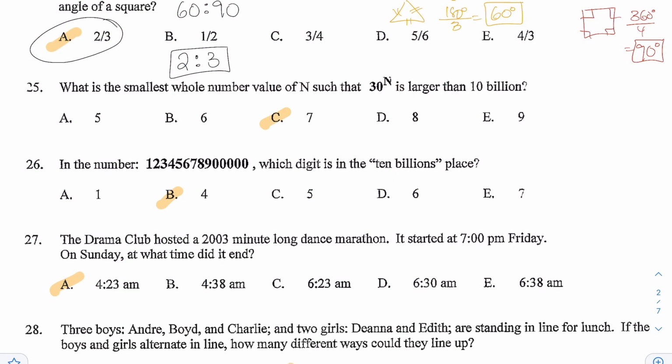Next for number 25, what is the smallest whole number value of n such that 30 raised to the nth power is larger than 10 billion? All right, so from here, 30 raised to the nth power is basically 30 times 30, and then you keep multiplying by 30.